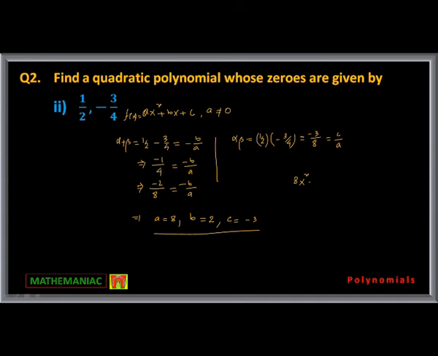One polynomial will be this. Both zeros are as given. And if somebody asks you what are all the polynomials, simply you write like this, and k is any real number but other than 0. This is a symbol I am writing from set theory of class 11. Okay, let's move on to the next.